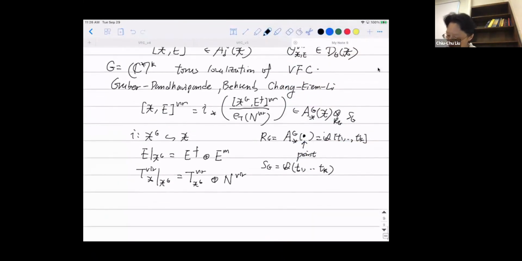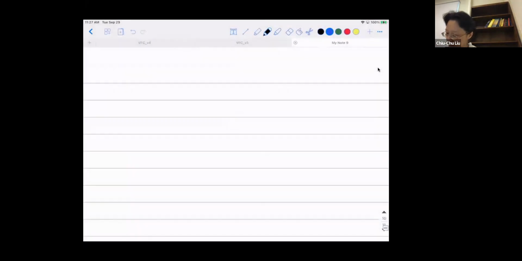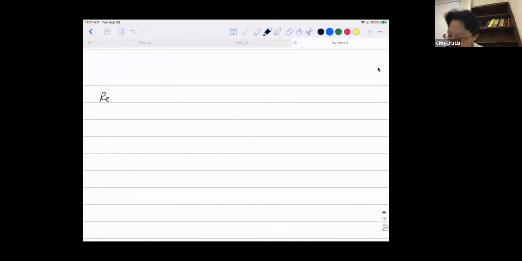Next, an important thing is we would like to have a relative version of this construction. So the setup is as follows.